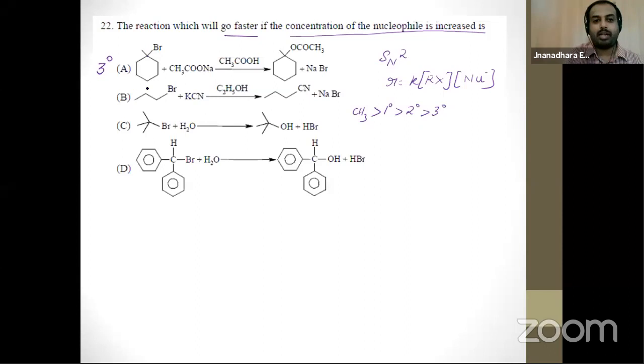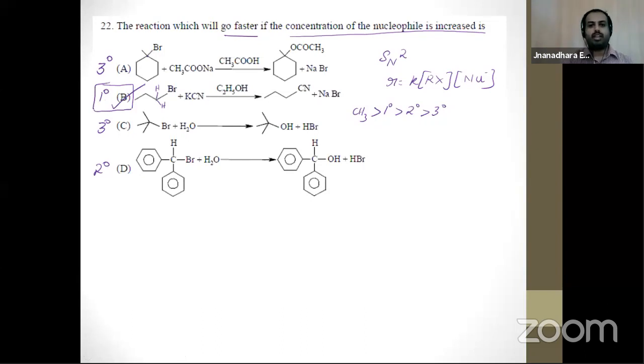Option B, primary, bromine attached to carbon with two more hydrogens. Option C is again tertiary. Option D is secondary. So which is most likely among all? It is primary. Therefore, that becomes the correct answer. Yes, option B for question number 22.